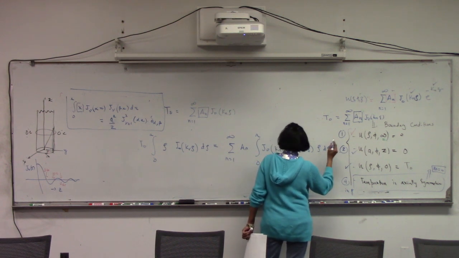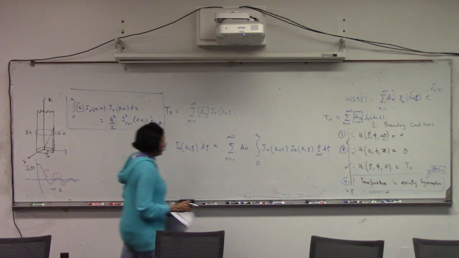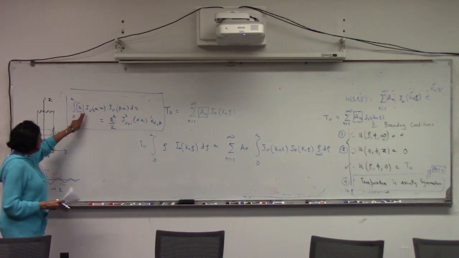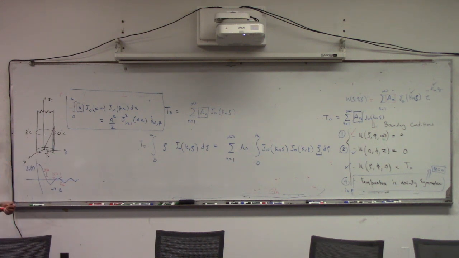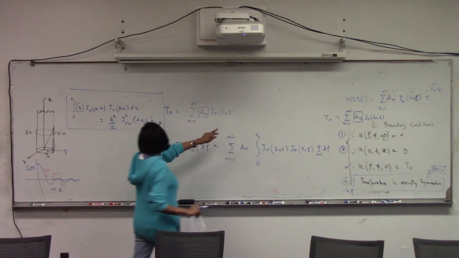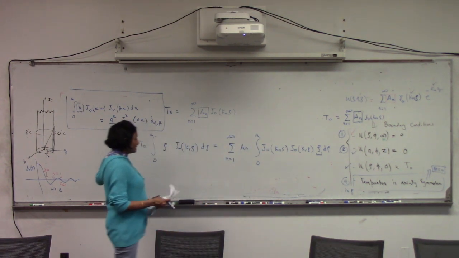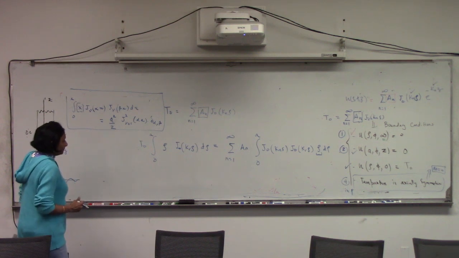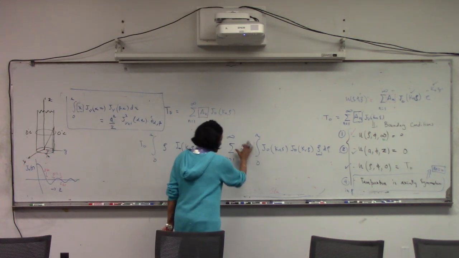That's the weight factor I'm getting, because the Bessel equation is not in Sturm-Liouville form, so it has a weight factor, and since rho is my independent variable, it becomes rho d rho. I'm going to apply this property to the right-hand side and try to get An.